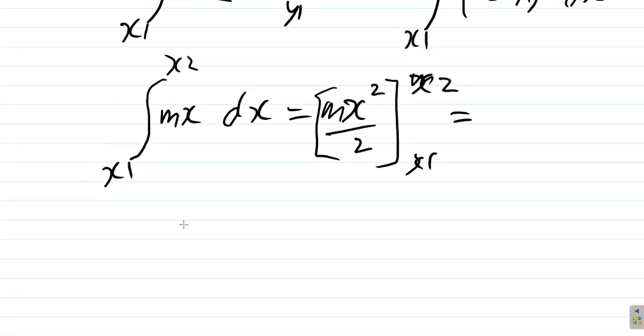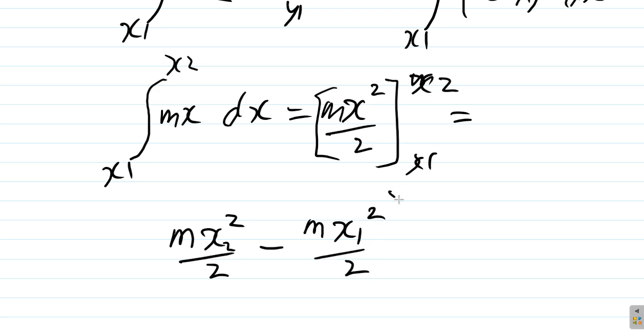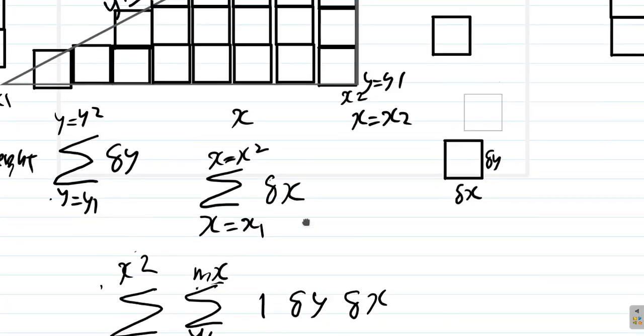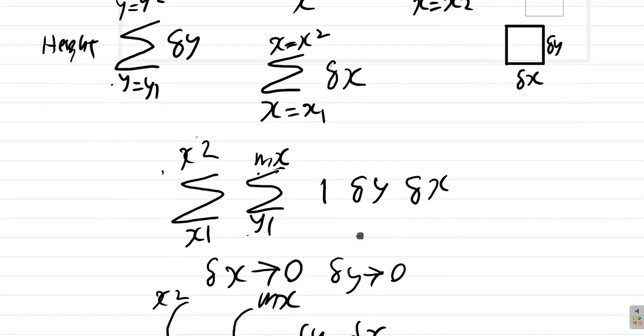You substitute this first value for x, so you go m times x2 squared over 2 minus the lower boundary m times x1 squared over 2. But what is x1? Well, we started at 0, so x1 is 0.